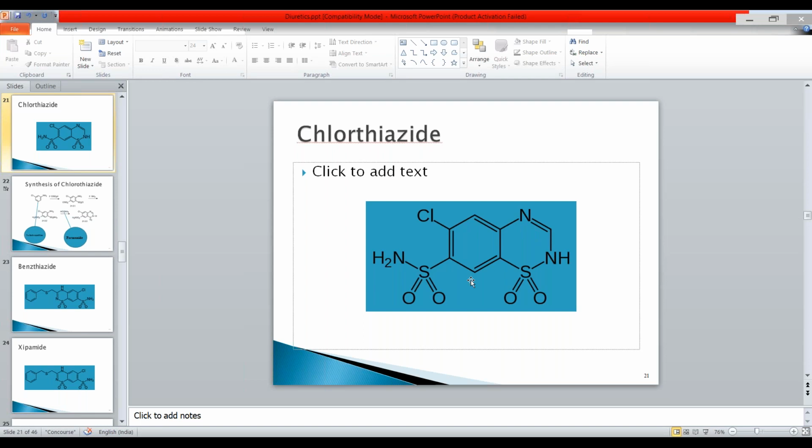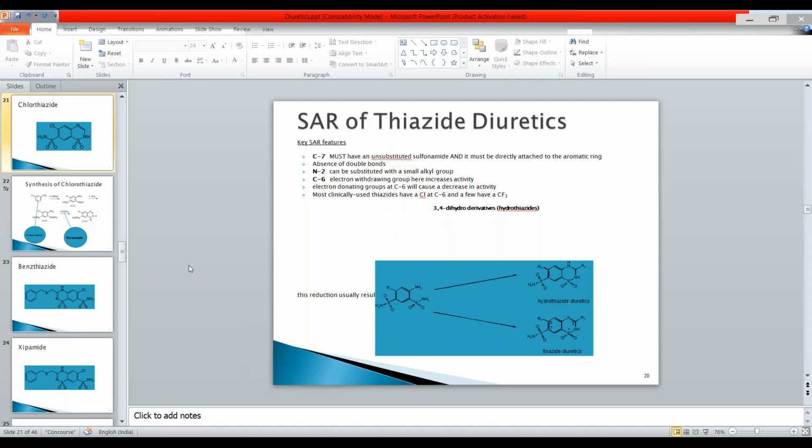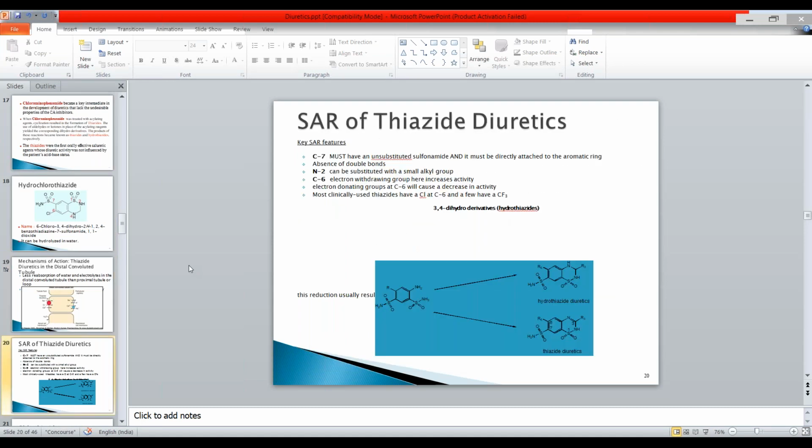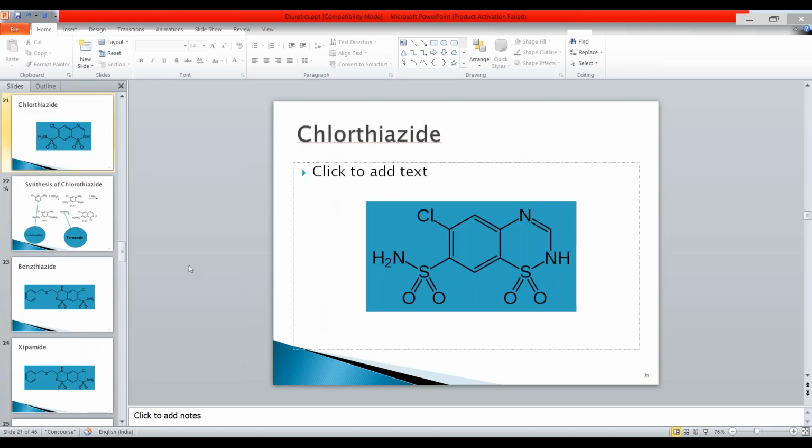Next point, substitution of an alkyl group at fourth, fifth, or eighth position.